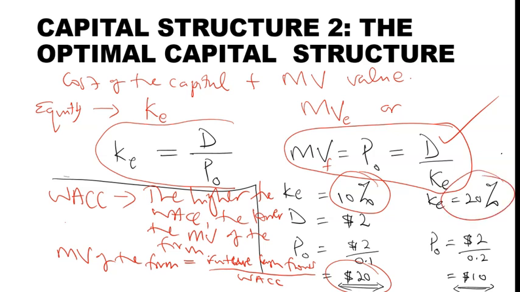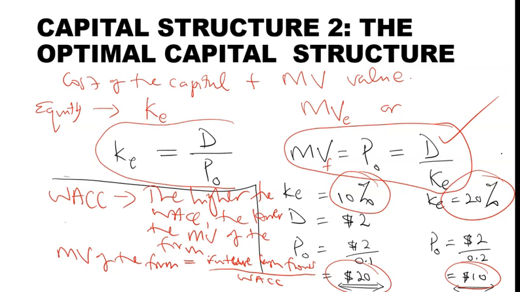And when the cost of equity was 20%, then the market value of the share shrank to $10. So the higher the discount rate, the lower the market value. So firms strive by all means to make sure that their WACC is minimized, to make sure that the WACC rate is lower, because the lower the WACC, the higher the market value.